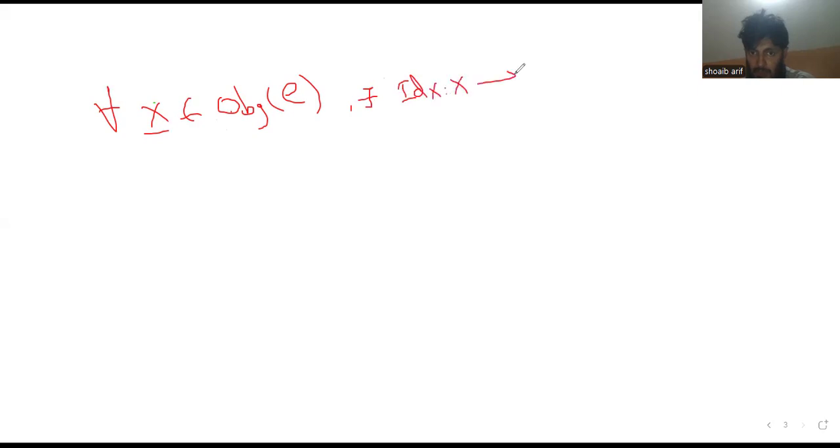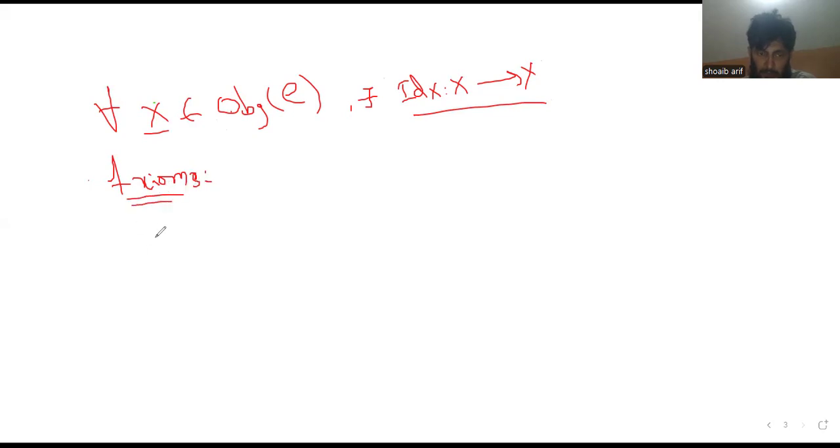For all X belonging to the objects of the category, there exists an identity morphism ID on X from X to X, for all objects. Okay, now we are going to the axioms.